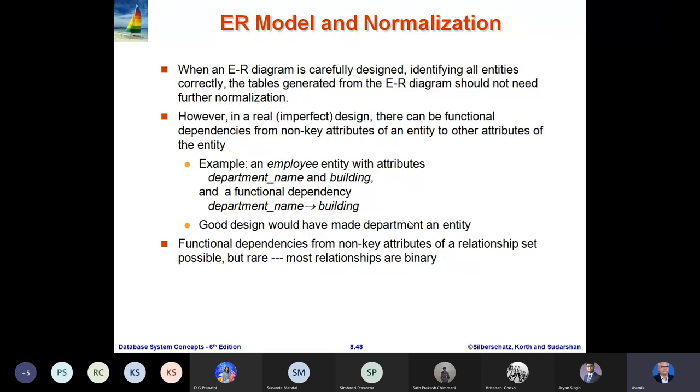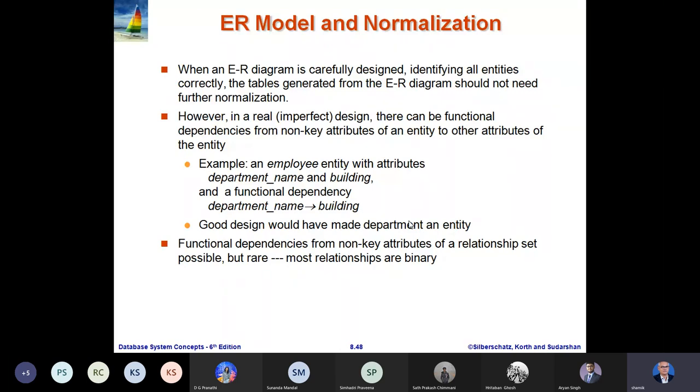So they should not need further normalization unless you have made a mistake in the ER diagram, where you possibly did not capture the attributes properly, or you made something a key attribute which is not supposed to be a key attribute. Then the schema that you get might violate normalization.